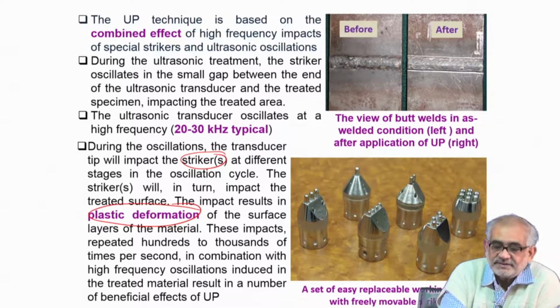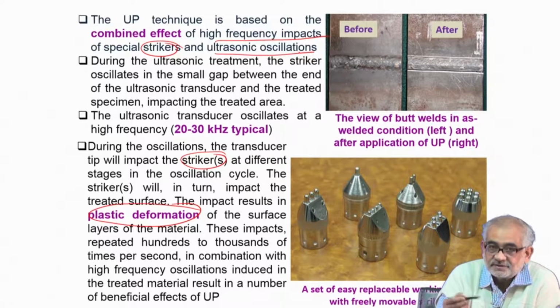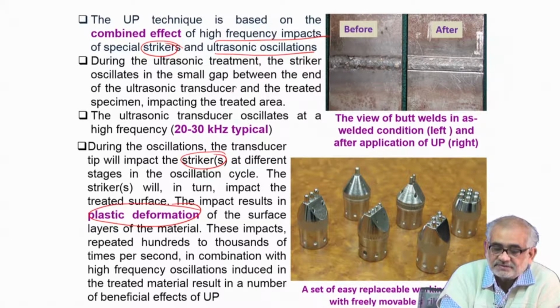So we are combining the effects of very high frequency impacts coming from the strikers and the ultrasonic oscillation happening in the background. This ultrasonic oscillation is created and transferred by the transducer that we have, and there is a gap between the transducer and the surface which we want to treat.